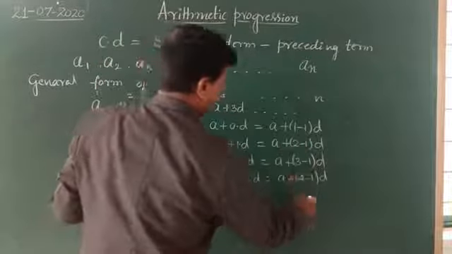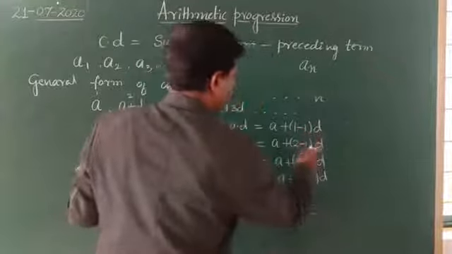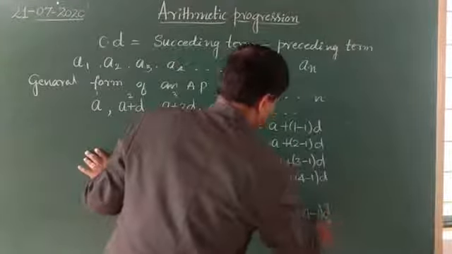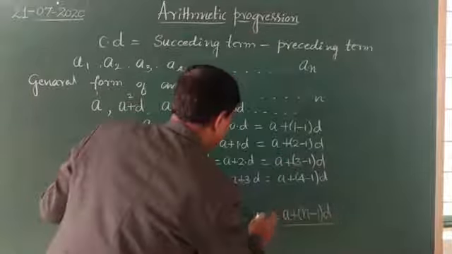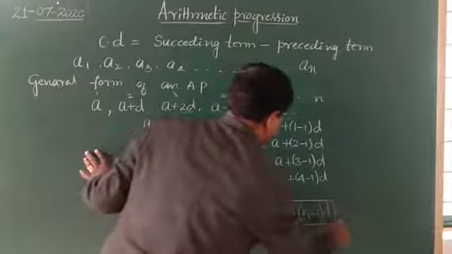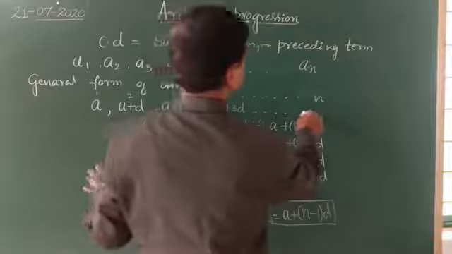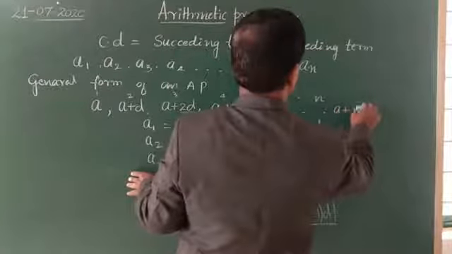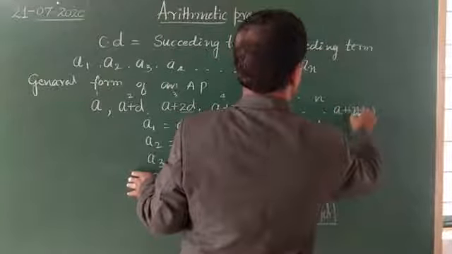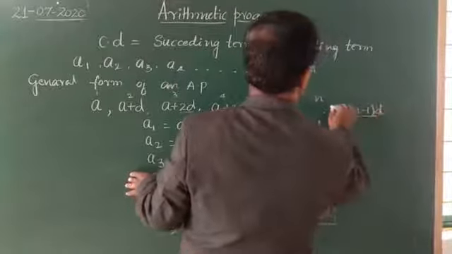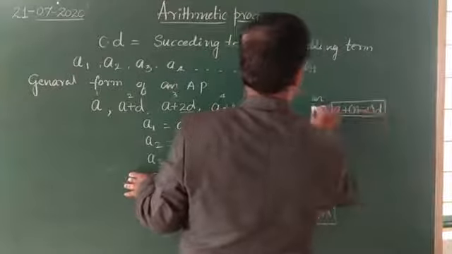Here is minus 1, minus 1, minus 1 into D. So this is the nth term of an AP. Nth term of an AP is given by A plus n minus 1 into D. This is the nth term.